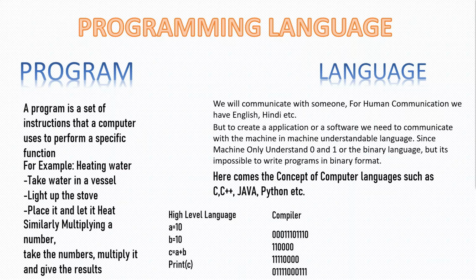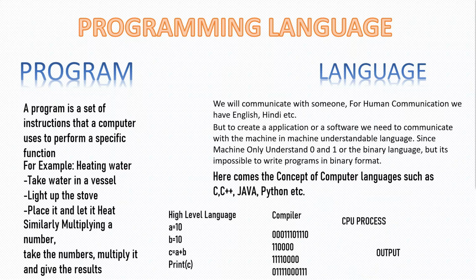These lines are converted into zeros and ones, that is binary language, and the compiler gives it to the CPU, which processes the input and gives us the desired output. This is what a computer language or programming language actually is.